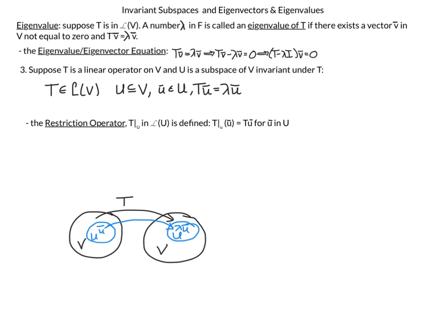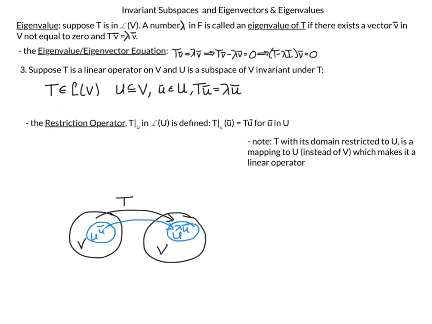So when we restrict the domain of T to U, we still have a linear operator, and we call this new linear operator the restriction operator, T restricted to U. Note that T with its domain restricted to U is a mapping to U, which makes it a linear operator.